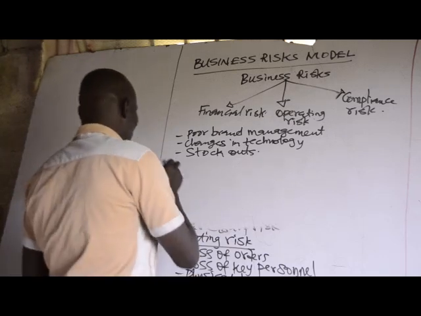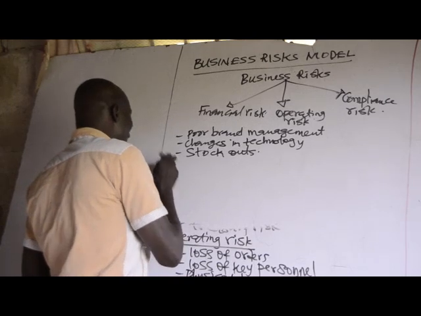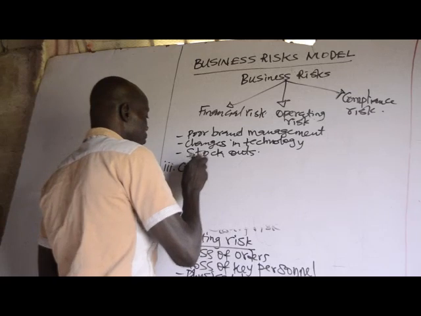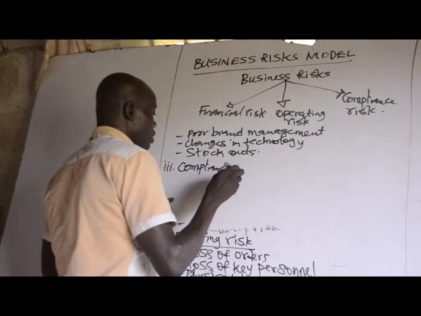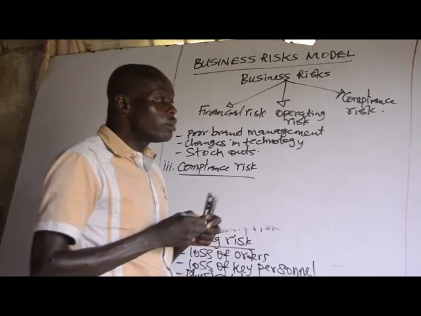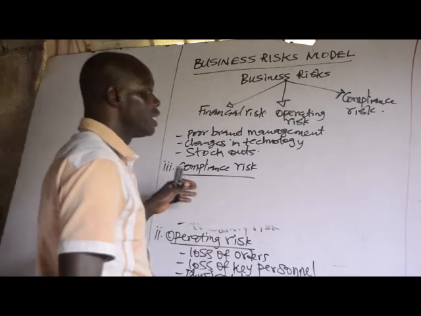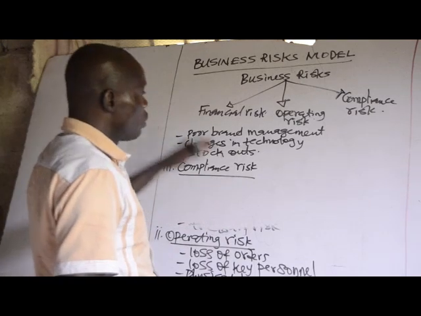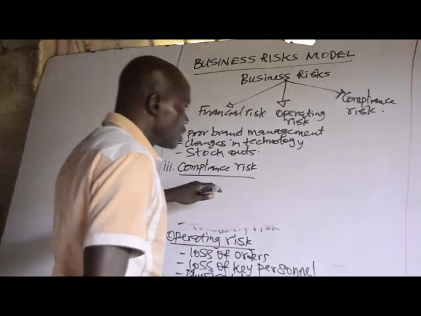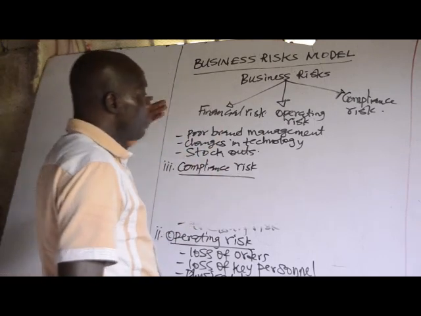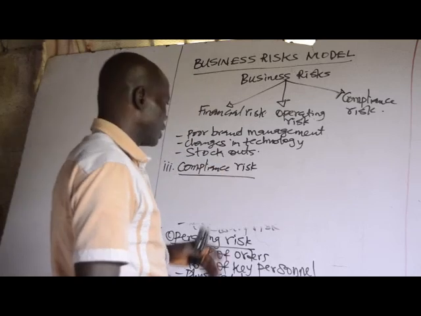Number three, we have compliance risk. Compliance risk is the risk that arises from non-compliance with laws, regulations, policies, procedures, and contracts.